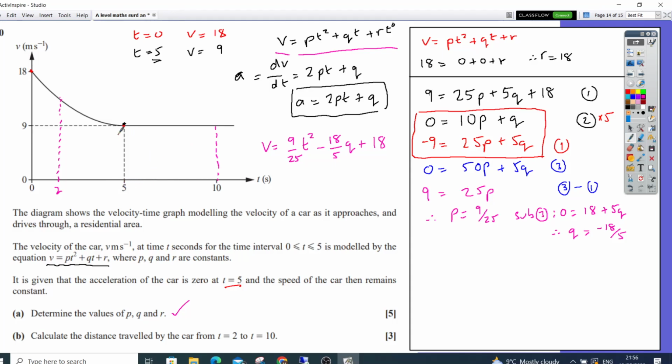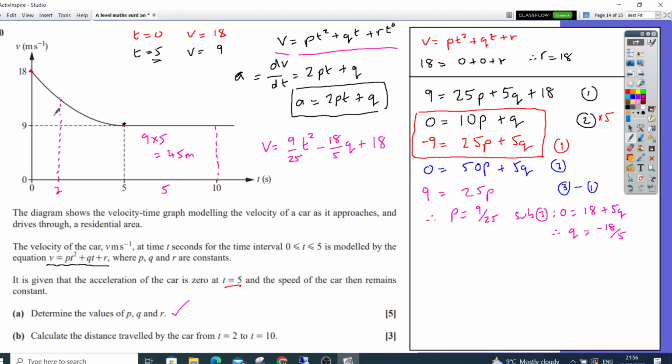So from between 5, because this is constant, we can just do this as a rectangle. So that, take away that, is 5, and the height of this is 9. So basically 9 times 5 is going to give me 45 meters. Okay, so that's between there.